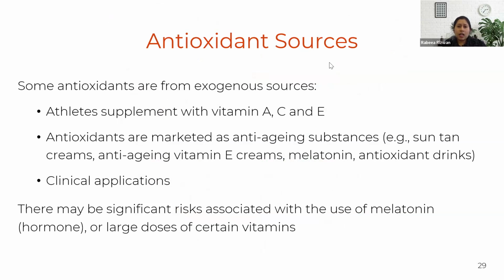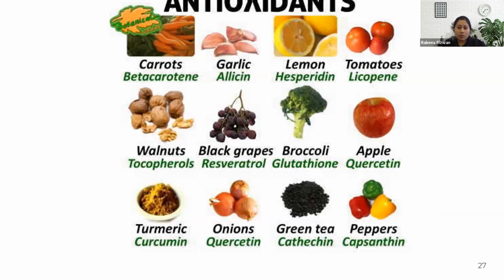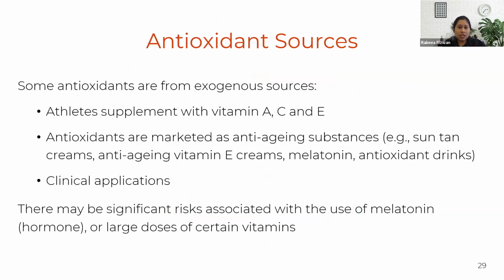Some antioxidants are exogenous sources as well that we have already discussed, like vitamins A and C, in the form of fruits and vegetables, and green tea. Other forms are also available to protect our skin from UV radiation because it also causes oxidative damage, like suntan creams and anti-aging vitamin E cream. These are also antioxidants by external mode.